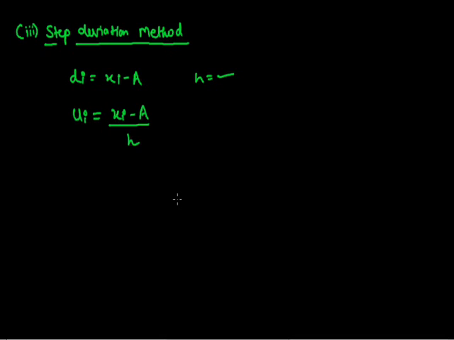So that's why we are dividing the deviation by h, so that we are able to reduce the number even more. So this is known as the step deviation method.